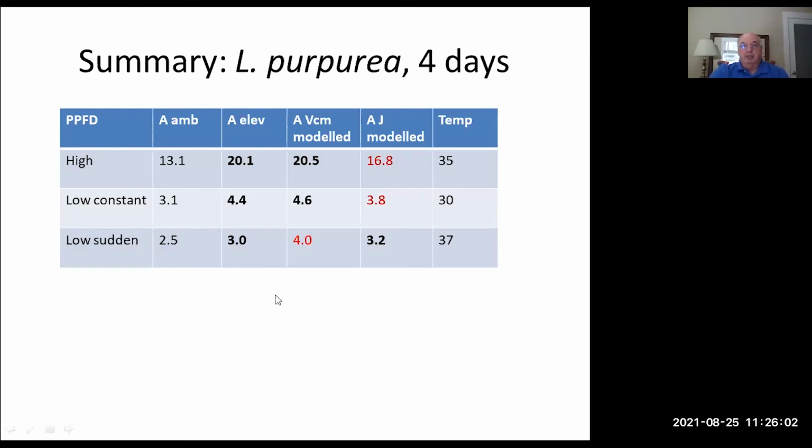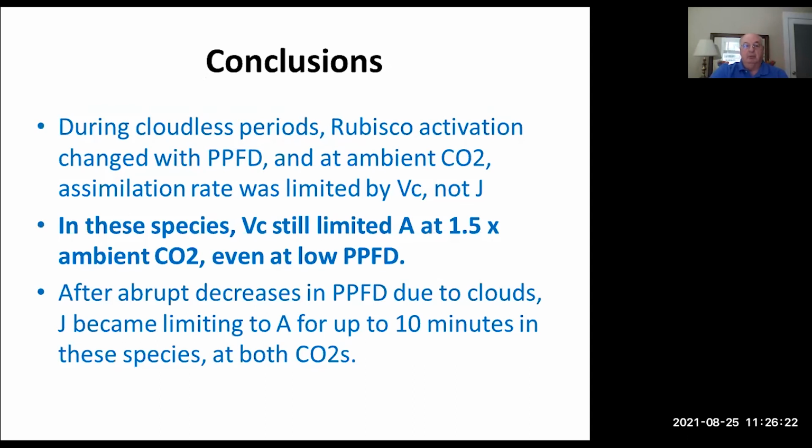So it's complicated. It depends on how fast the light is changing, whether the leaf has time to adjust. When it's changing fairly slowly, Vcmax stays limiting the whole time, but when you get a sudden decrease in light, then electron transport is limiting. So the conclusions from these are: during cloudless periods, Rubisco activation status changed with PPFD level, and at ambient CO2, assimilation rate was always limited by Vcmax, not by electron transport.